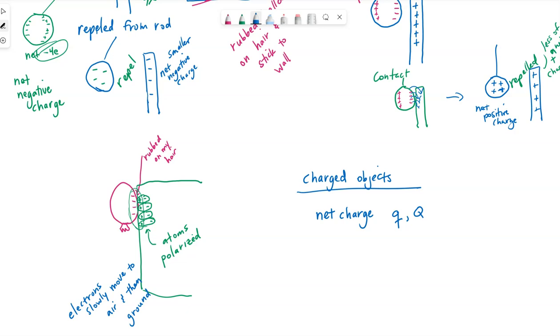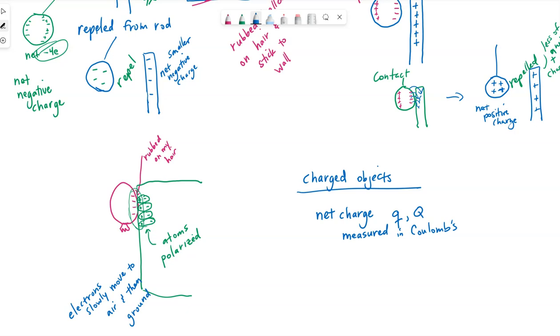Either one represents the net amount of charge on an object. It is measured in coulombs. This net charge is going to be either an excess number of electrons or a fewer number of electrons, so it'll be some multiple of that fundamental unit of charge.